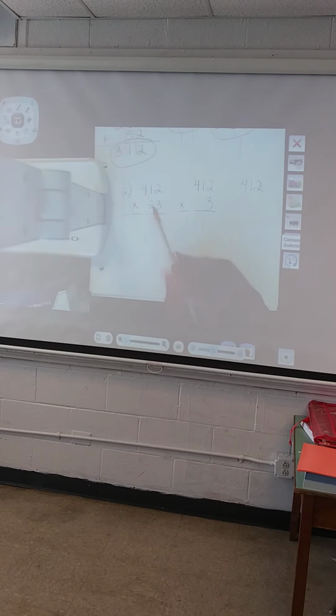Okay, the 2 is in what place value? Tens, right? And it's under the 1, so I'm going to put it in the tens place under the 1. Make sure you line it up. And draw your dividers if you need to.